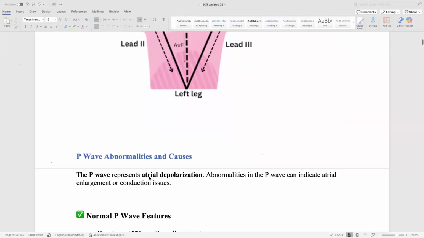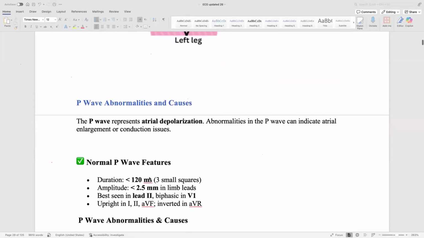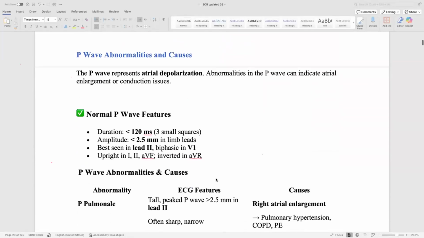Okay. P wave abnormalities. What are the abnormalities? We know the normal, and we have some hint about the abnormality.